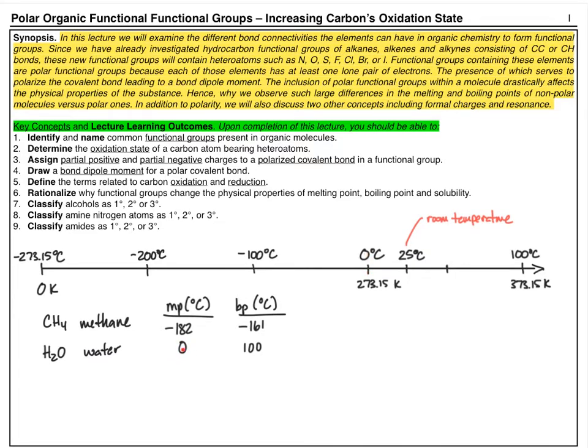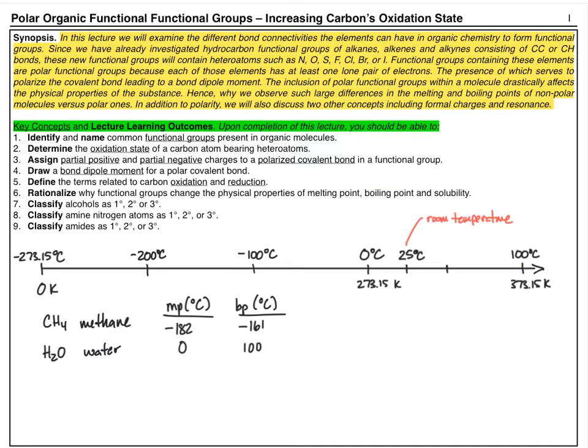It then boils at 100 degrees. Typically room temperature is about 25 degrees C, so that's where we're comfortable, our ambient temperature on human skin. So we're really familiar with 0 degrees and 100 degrees.